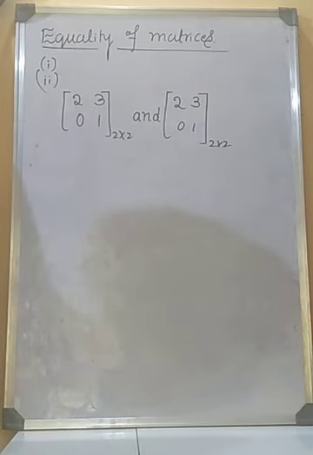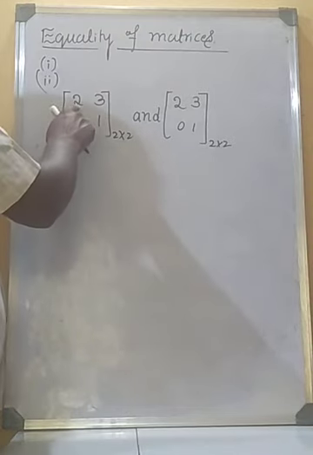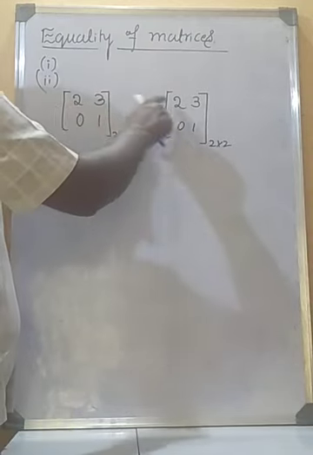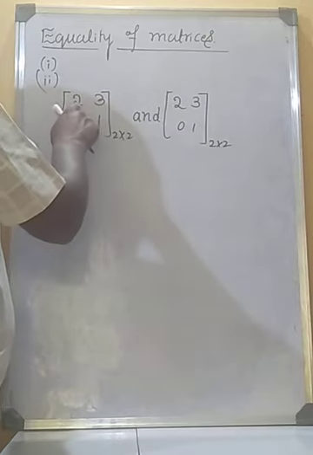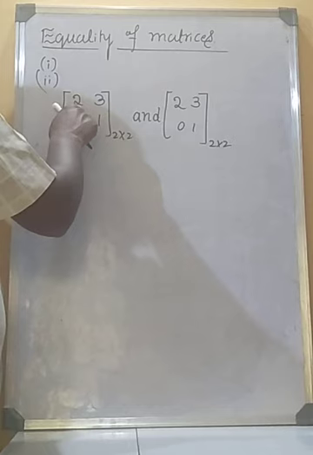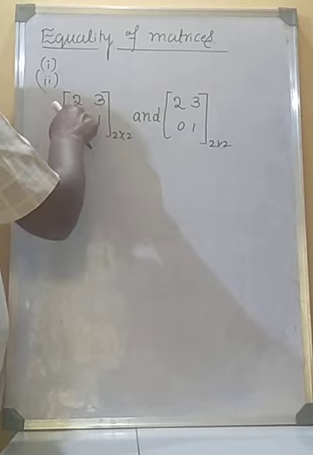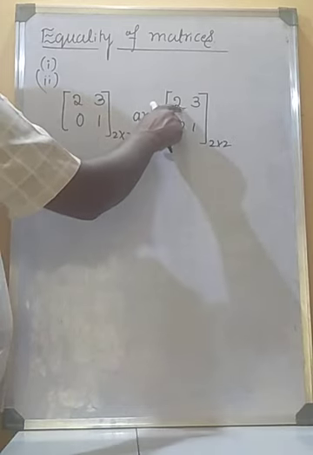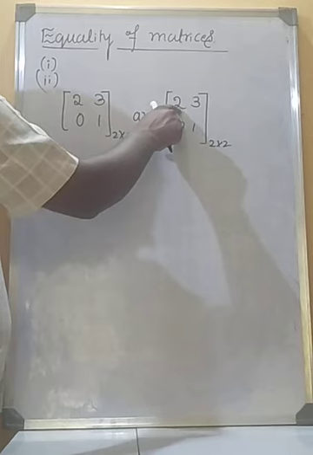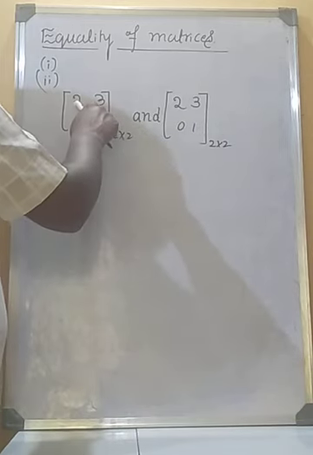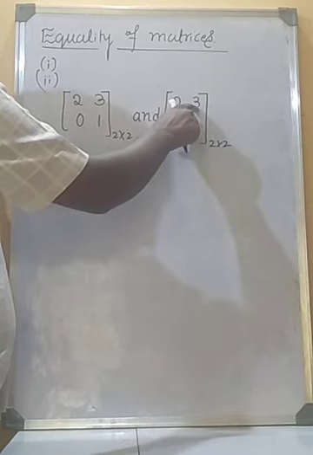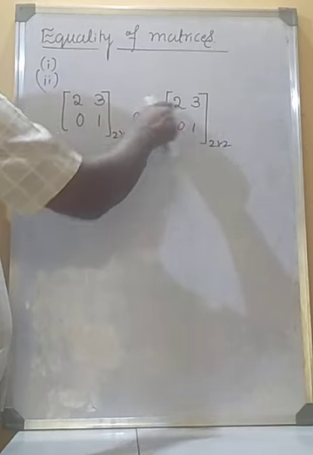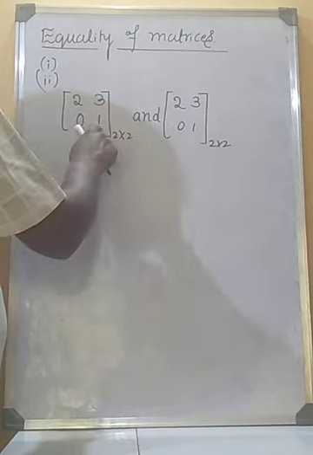They are of the same order, and each element of matrix A is equal to the corresponding element of matrix B. The element of matrix A is 2, the corresponding element of matrix B is 2; 3 and 3; 0 and 0; 1 and 1.